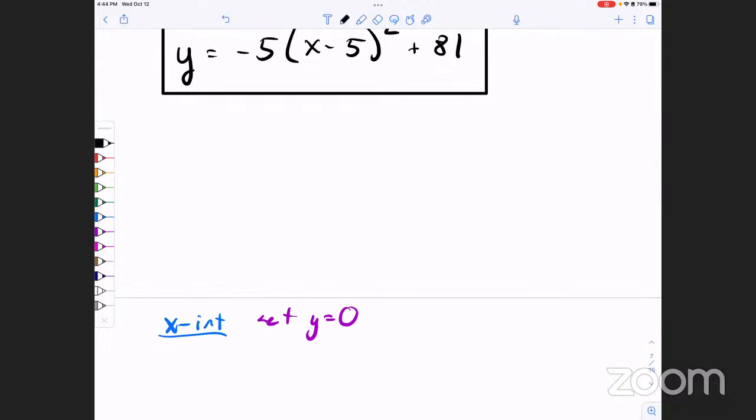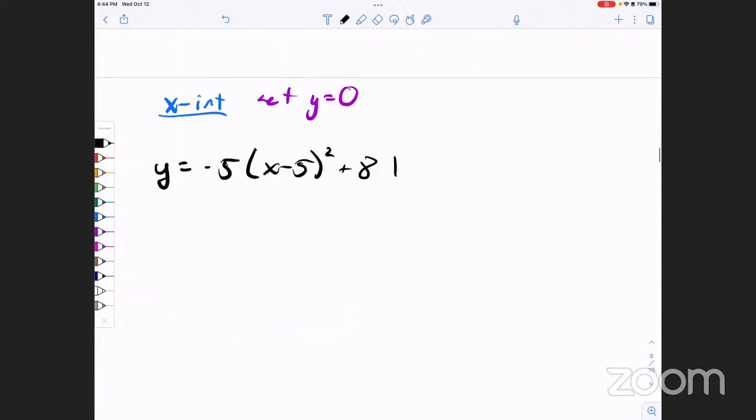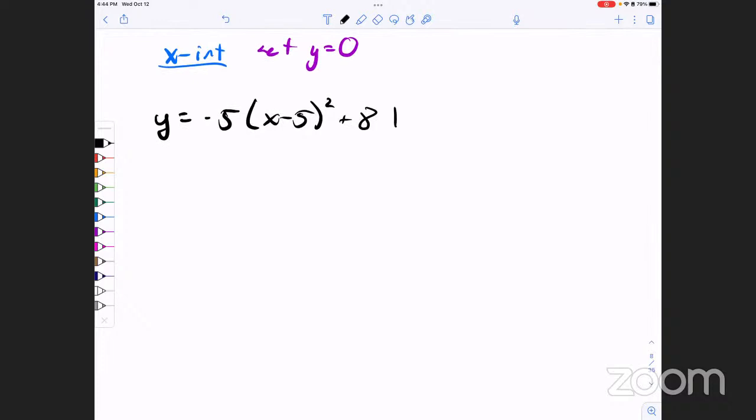So we have y equals -5 (x minus 5) squared plus 81. So if we set y equal to 0, I'm going to move y to the right-hand side. -5 (x minus 5) squared plus 81 equals 0.